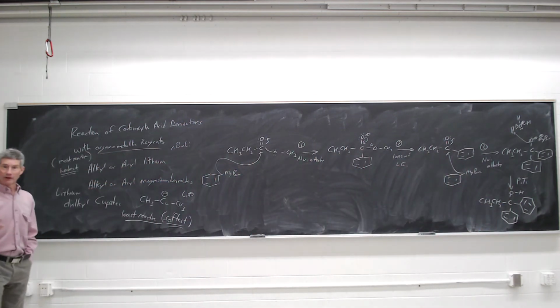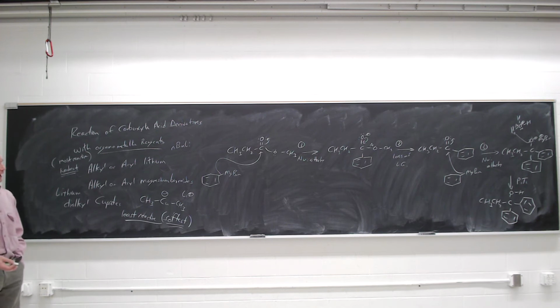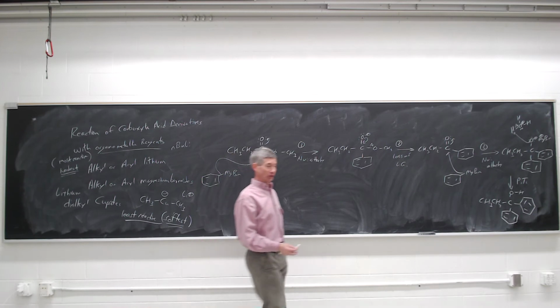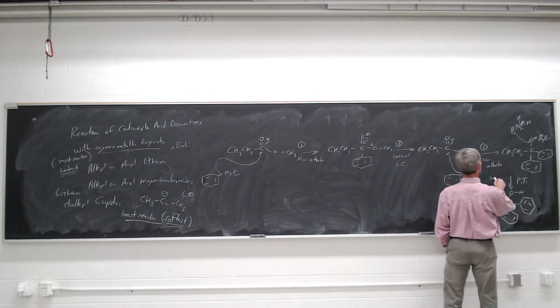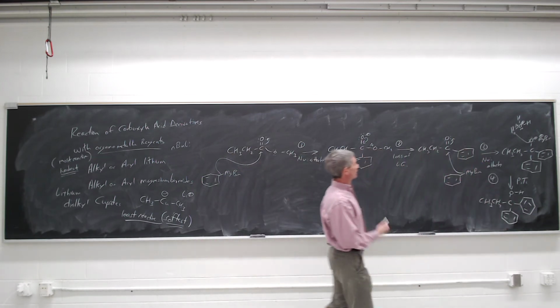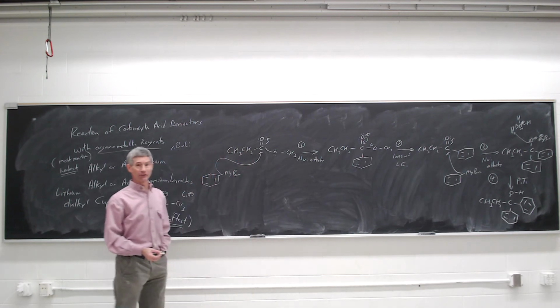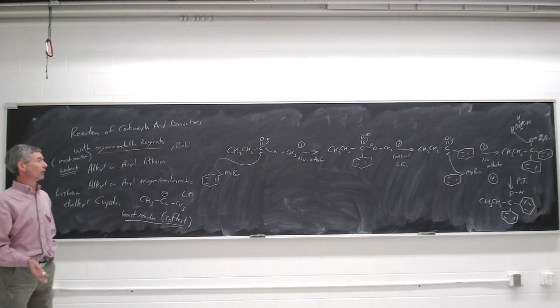So both esters and acid chlorides will react through 4 steps. First, a nucleophilic acyl substitution with the loss of either chloride or the alkoxide as a leaving group, followed by a standard nucleophilic acyl addition to the resulting ketone.